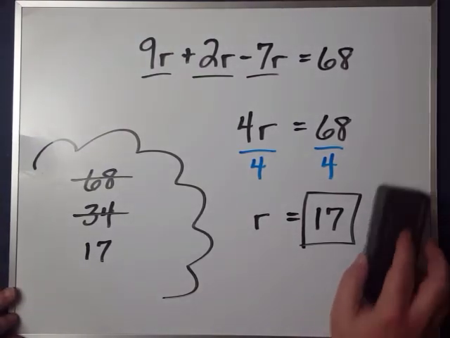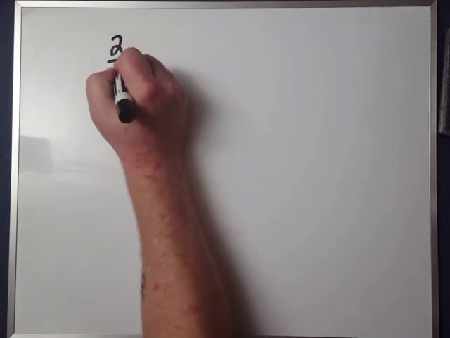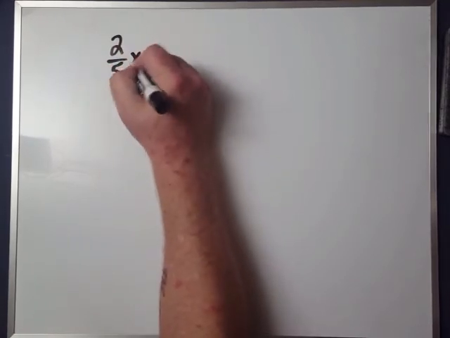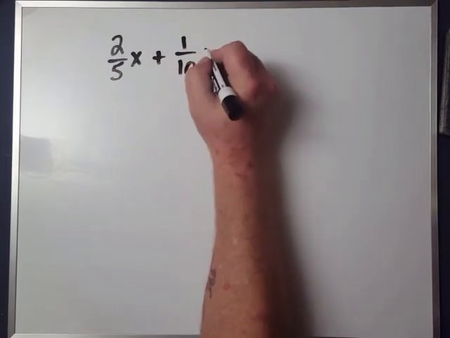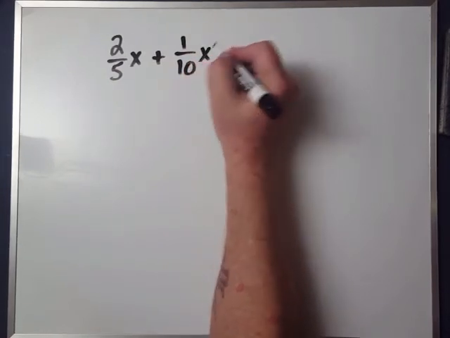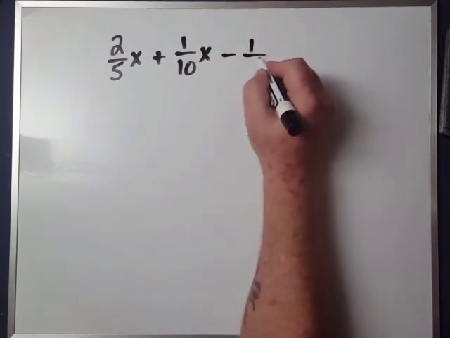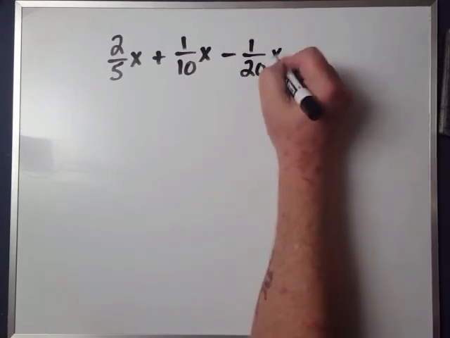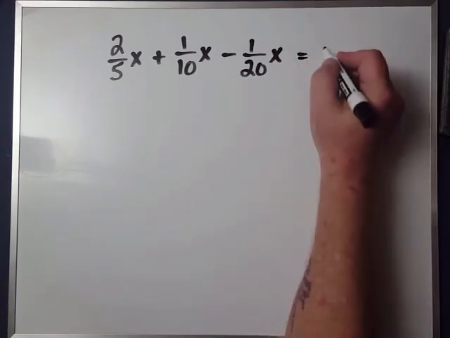Number 74. Mechanically, this is the same problem that we just worked. If you compare this to number 68, you will see exactly the same algebraic setup, except instead of integers this time, we have fractions.